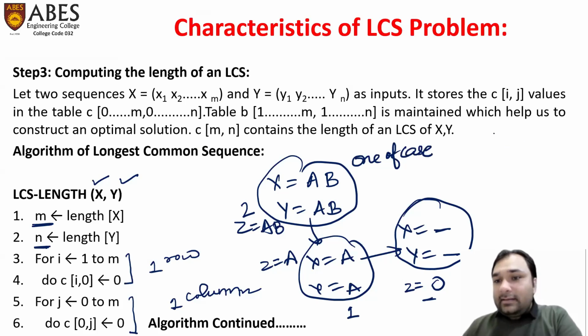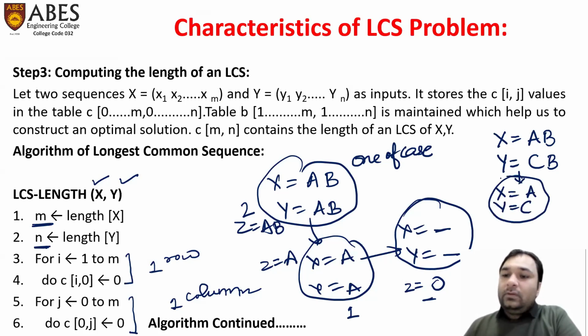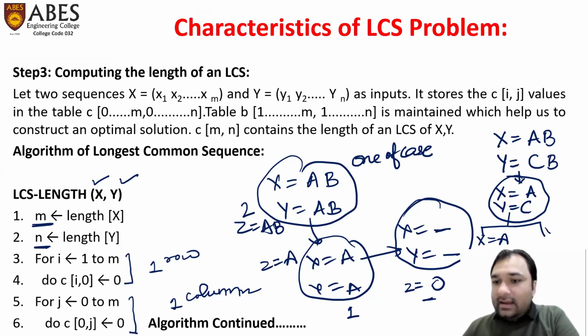This is one of the cases. In another case, let's take an example. If X is equal to AB and Y is equal to CB, I will explain both the cases in this. It will be taking a reference of X equal to A and Y equal to C. Now, after this, this will be taking a reference of X equal to A and Y equal to nil, and the same X equal to nil and Y equal to C. So whatever the maximum in this will be returned here.